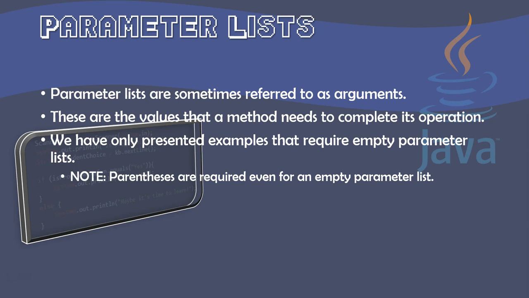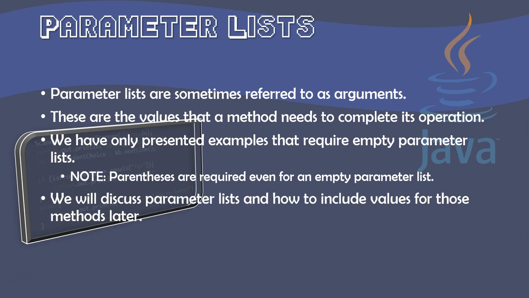In other words, there's nothing you have to actually plug in for that method. But it's important to note you have to have those parentheses there, even if you don't have any arguments being passed in for your parameter list. We're going to discuss parameter lists and how to include values for those methods later on. But for now, we're going to focus simply on methods that aren't going to require anything because it's going to be easier for us as we start to learn about them.